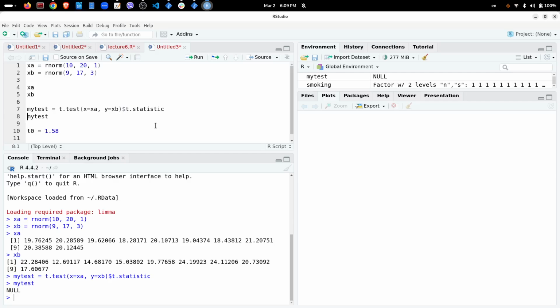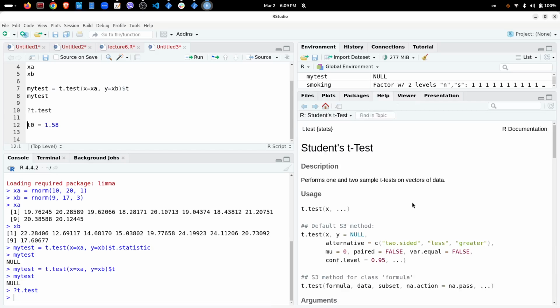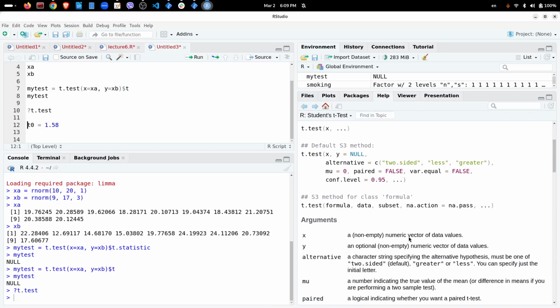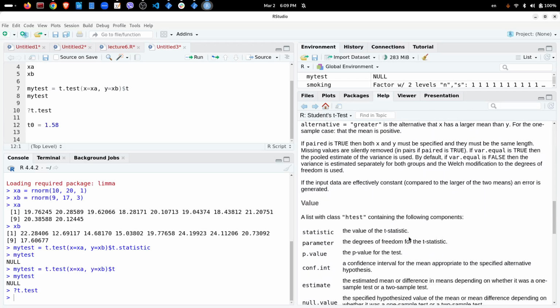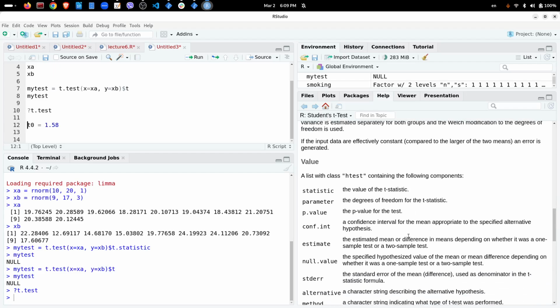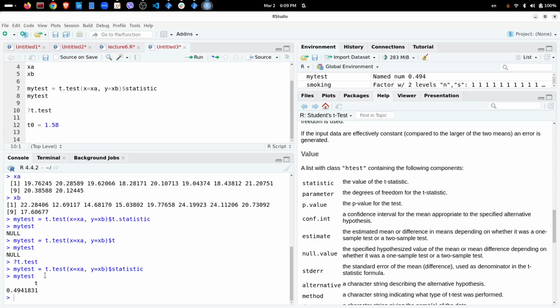Oops, maybe it's just t, don't remember now. Yep, let's find out the help. Okay, it's called the test. We need the return value. Maybe it's just statistic, yeah. So 0.49, not 1.58, but 0.49.